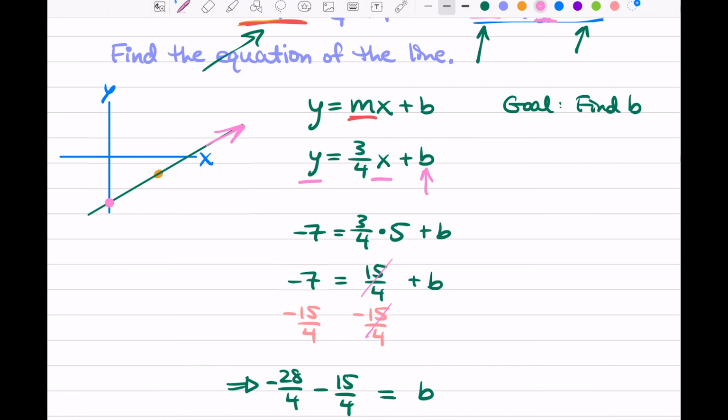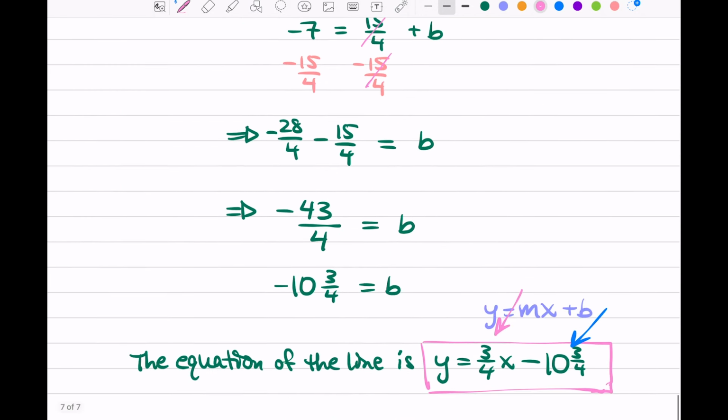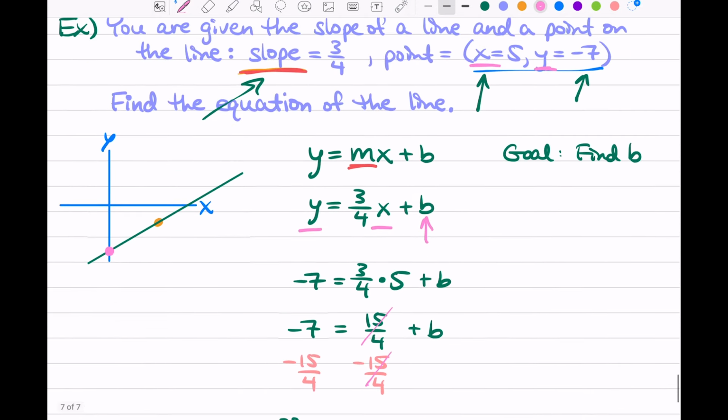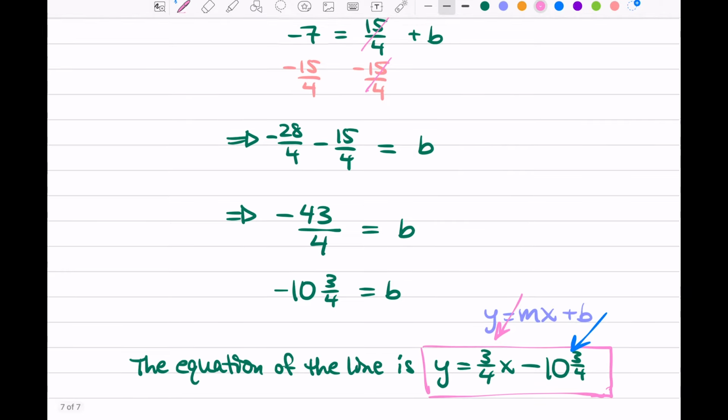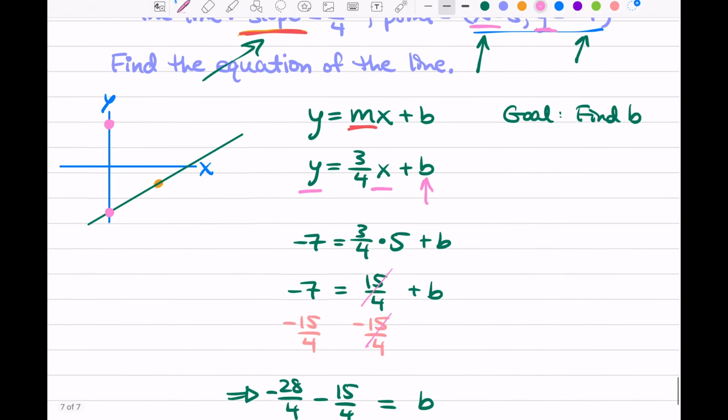So using a picture can help you double check. Let's say, for example, your b was positive, and that would mean that your y-intercept is up here. Well, if your graph looks different, then that means something is wrong. Either there's an error with your graph or an error with your equation. So definitely drawing a picture can help you. In any math concept, if it's possible to draw a picture, go ahead and do it. It can help you work through the problem.